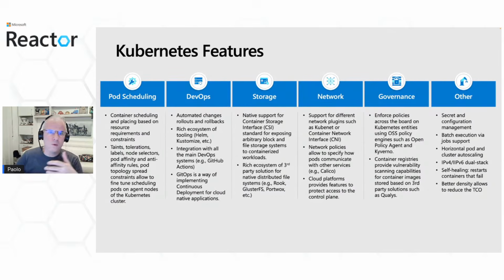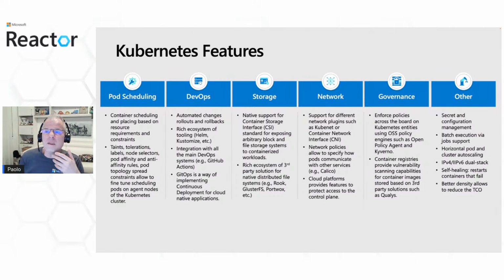So if you want to specialize and customize the deployment of workloads for different environments or even different cloud platforms, for example. It's very well integrated with all of the major DevOps systems, so GitHub Actions, CircleCI, Jenkins, GitLab, Azure DevOps, and so forth.